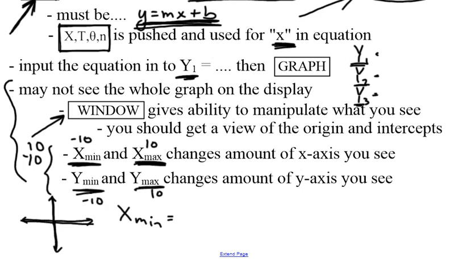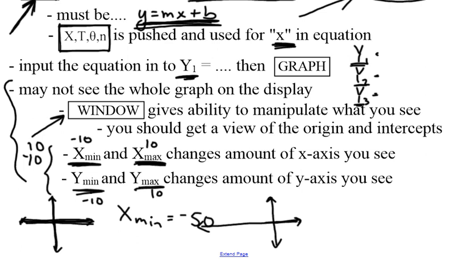If I changed my x min to -50, right now it goes to -10, I would still see 10 up, 10 down, and 10 for my x max, but my x min would now go to -50.